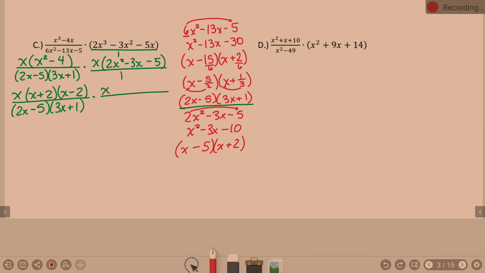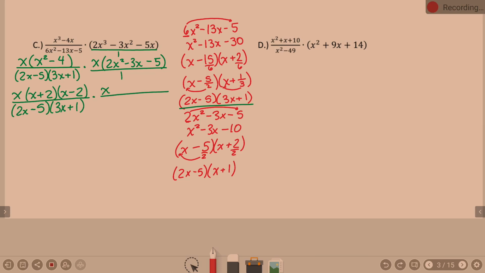And don't forget, what can we not forget here? We multiplied a 2 in, so now we're going to divide a 2 out. In this case, 5 halves doesn't reduce, so the 2 can go over here to become 2x minus 5. And over here, 2 divided by 2 is 1.